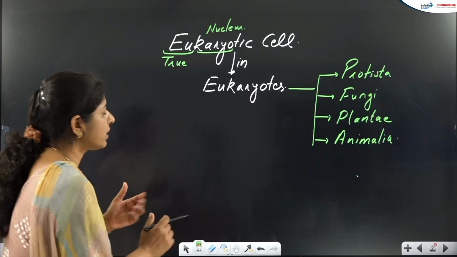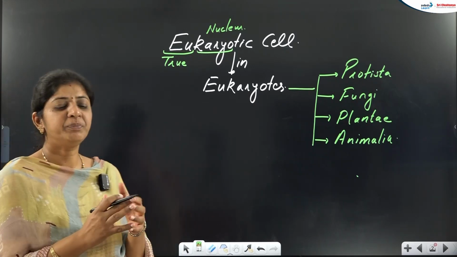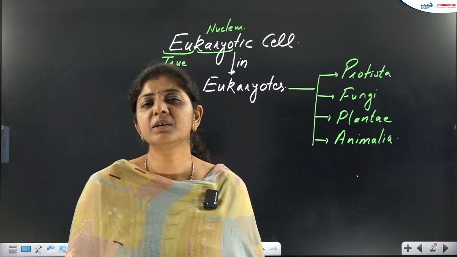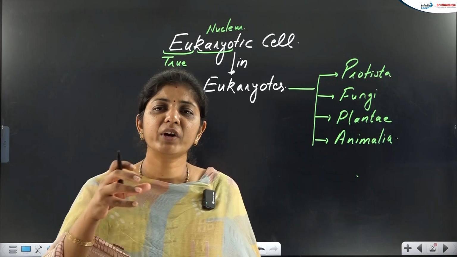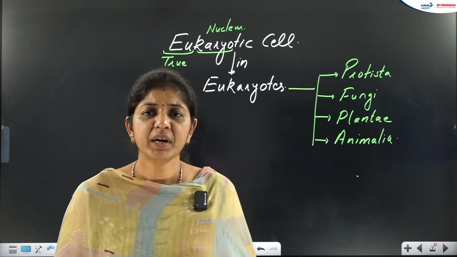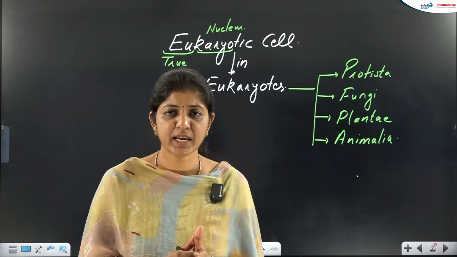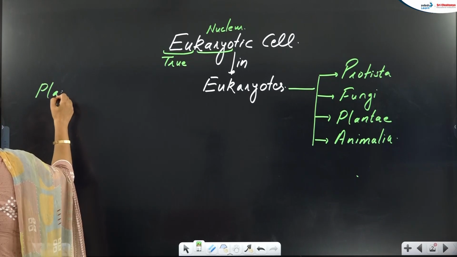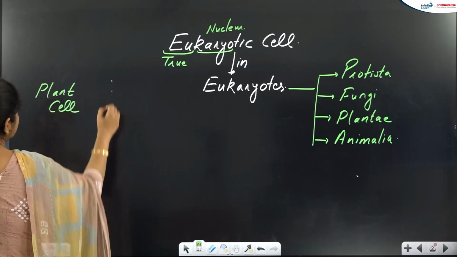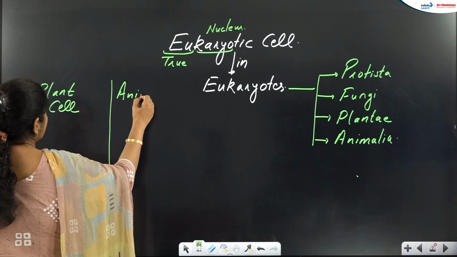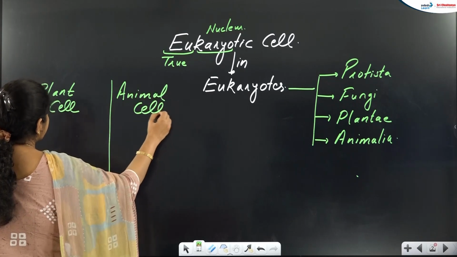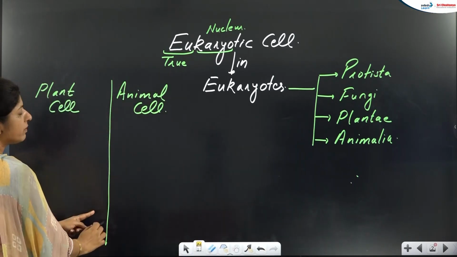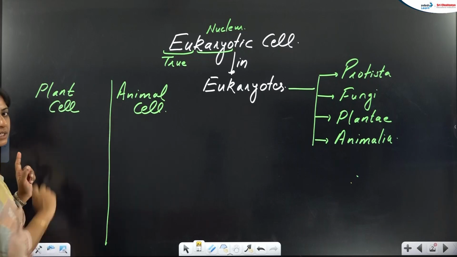Now in this eukaryotic cell, you will find there is a big variation between the plant cell and animal cell. We discussed that prokaryotic cells have fundamentally the same organization. But here we cannot say the organization is the same, they will differ. For example, if I take the basic main differences between plant cell and animal cell, I am writing the features in the center of this line, then whether present or absent we will take.